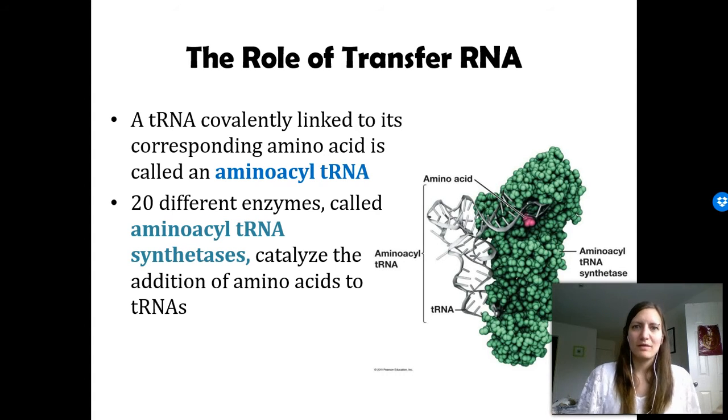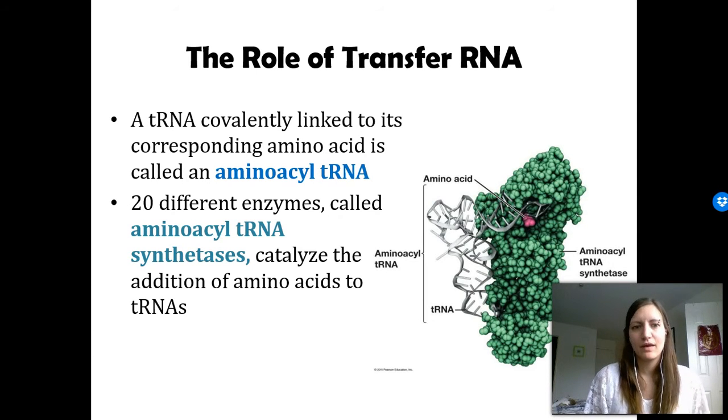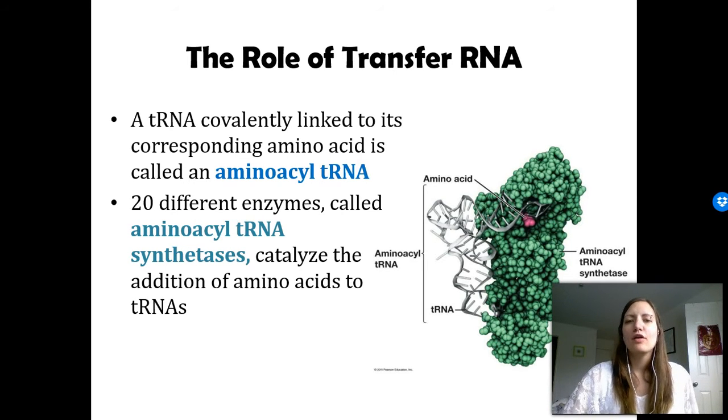Because you have 20 amino acids, so you need 20 enzymes to put those 20 different amino acids onto tRNA. So these enzymes are incredibly crucial. Although they don't play a direct role in protein synthesis, without them, none of our tRNA would have their amino acids. They would drop off their amino acids during translation, and then that's it.